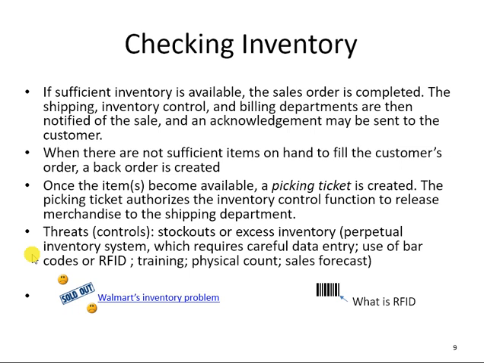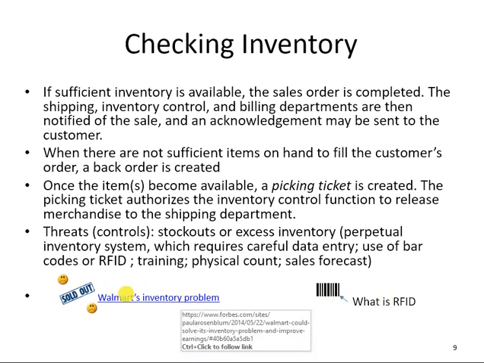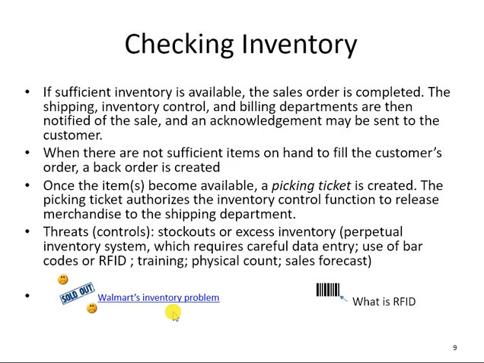The system is going to receive the radio frequency sent from individual inventory items and can track their movement, whether they're in or out. All of this can be captured by the system. You can watch these videos to learn more details about RFID. And also we have these interesting articles about Walmart's inventory problems, to see what Walmart's inventory problems are and what the possible solutions are.